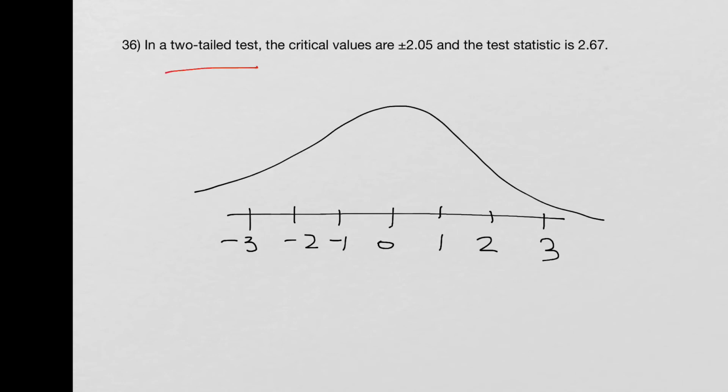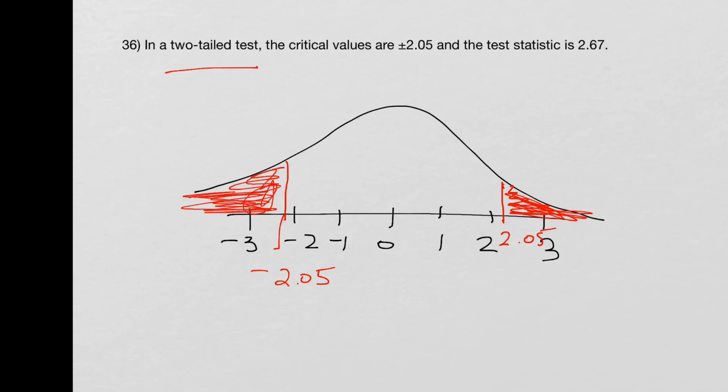In a two-tailed test, we're going to have two critical values. So we have positive 2.05, and we have rejection region to the right of the positive value. And then we're going to have rejection region to the left of the negative 2.05.